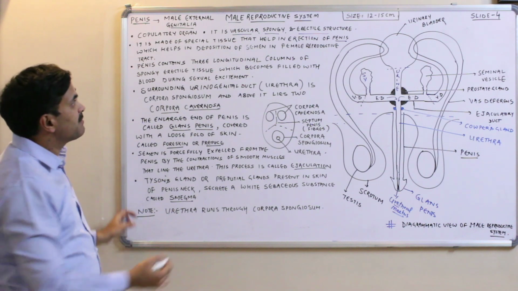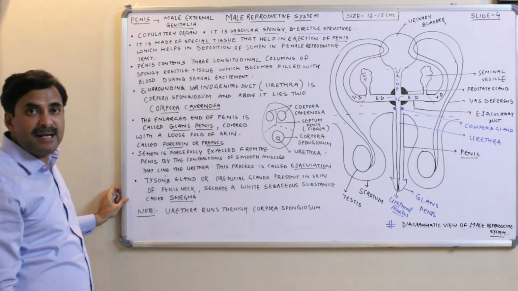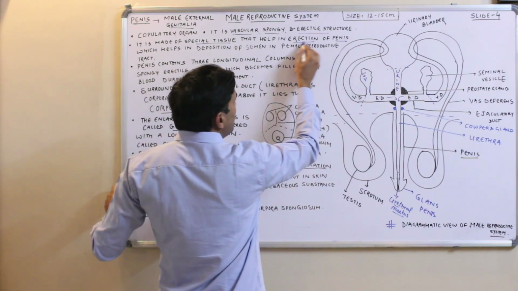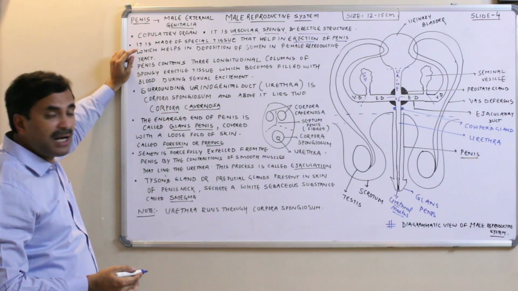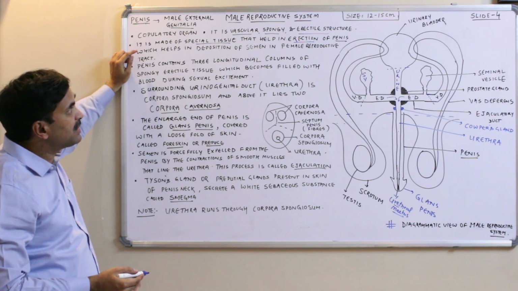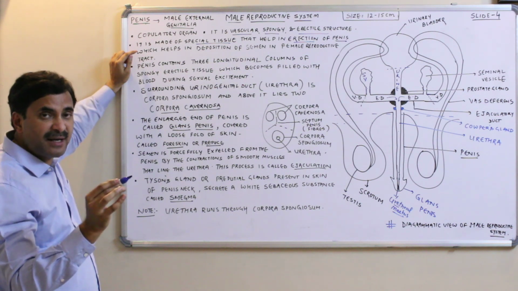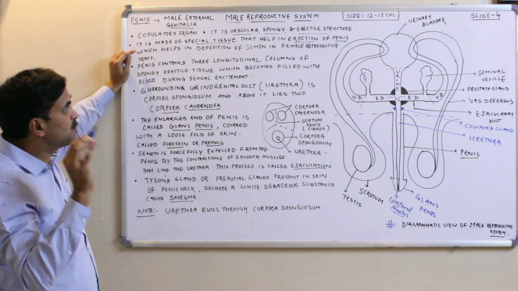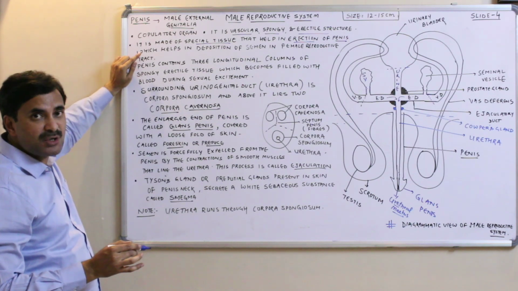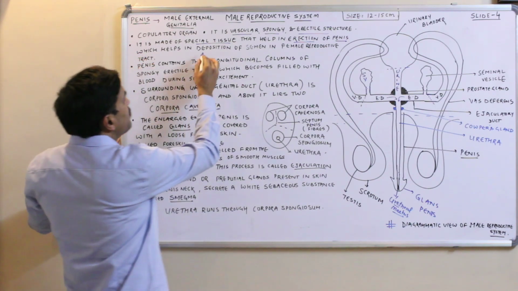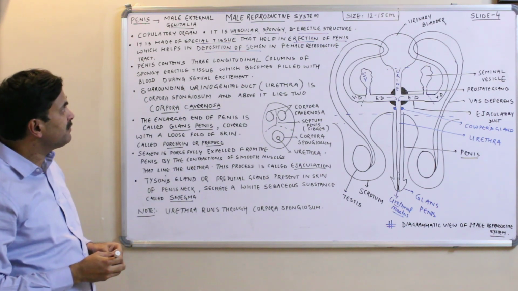It is made up of special tissue that helps in the erection of the penis at the time of sexual excitement. When sexual excitement is not there, the penis is loose, and this erection at the time of sexual excitement helps in deposition of semen into the female reproductive tract.